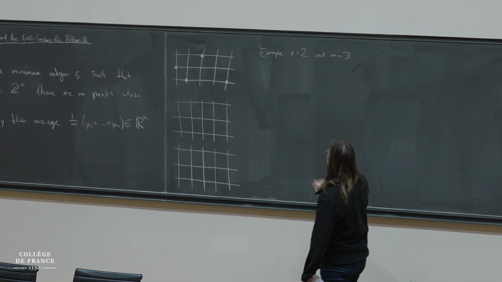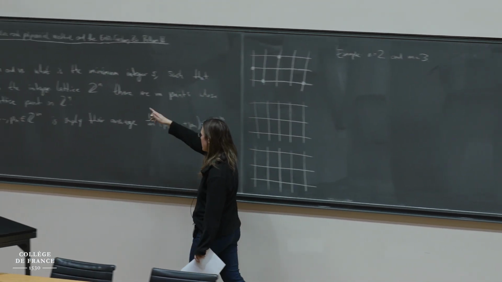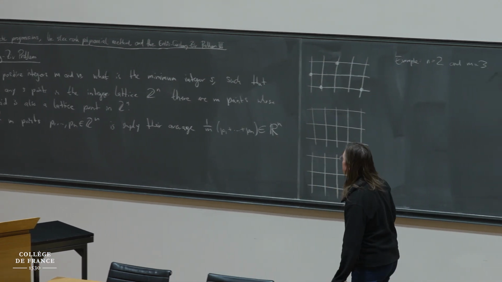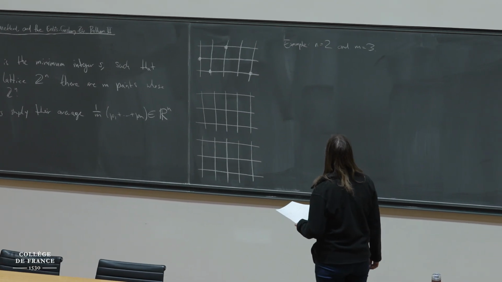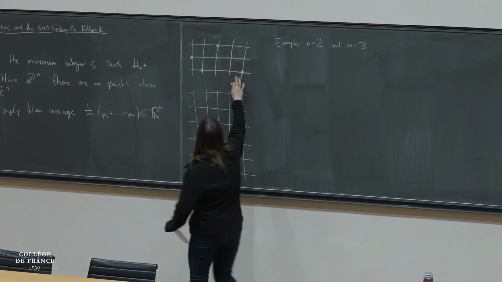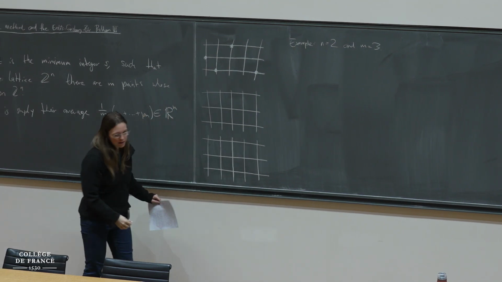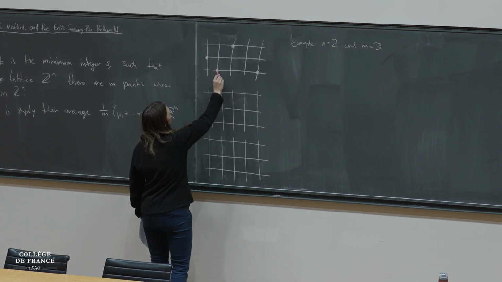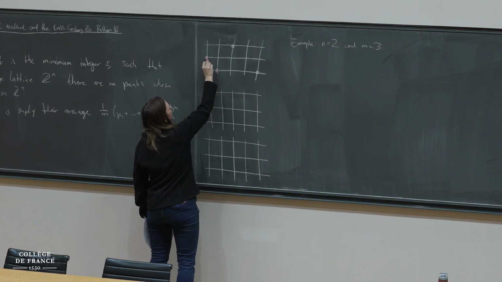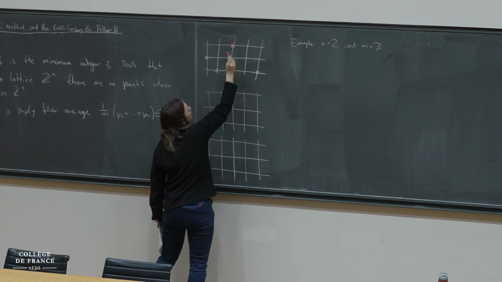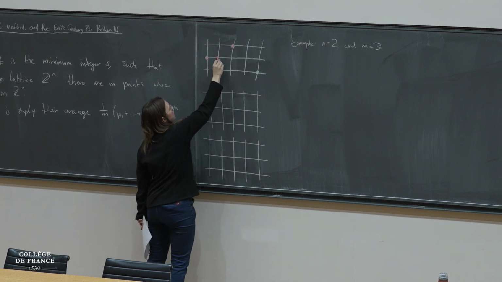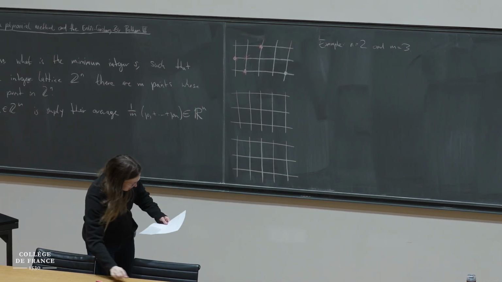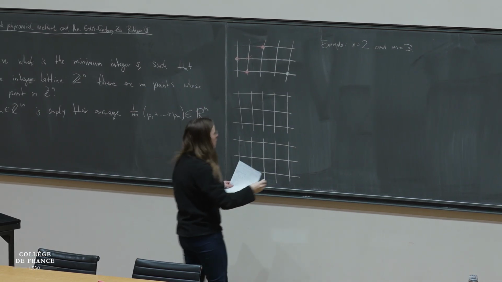That means we take some points in Z squared, and we're trying to find 3 points among them whose centroid is again a grid point in Z squared. So for example, here I drew 4 points in Z squared, and among those 4 points I can actually pick 3. I can pick this one, and this one. And then their centroid is going to be that point, which is a grid point in Z squared, so that's good. So for these 4 points, that works.